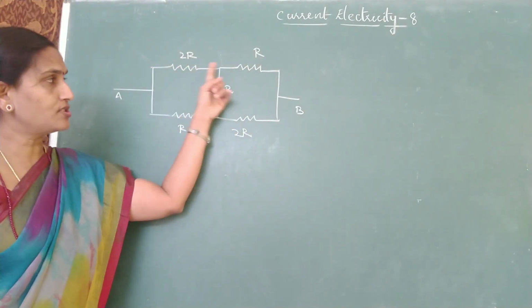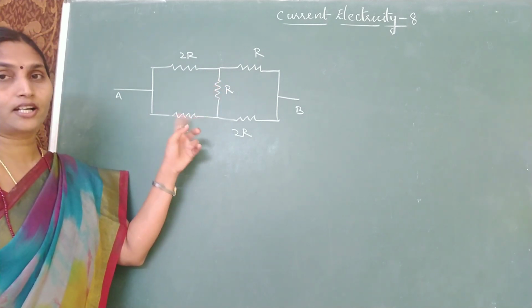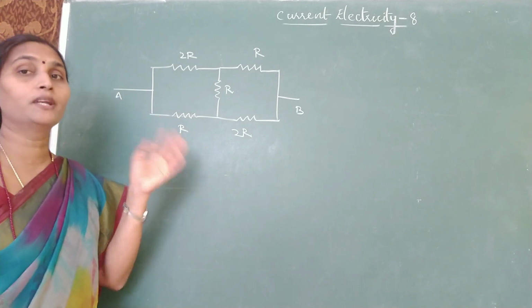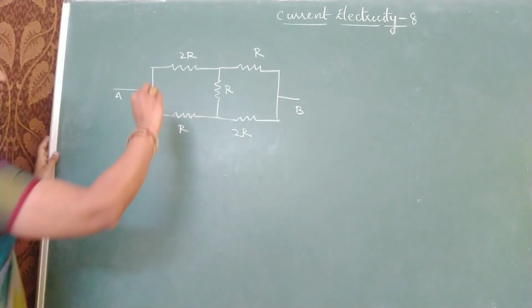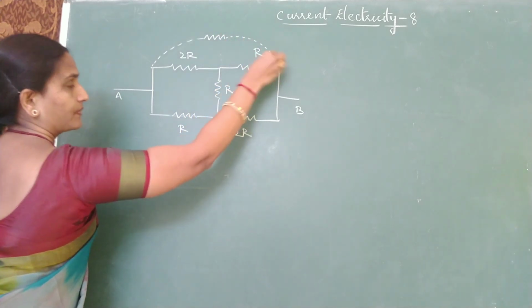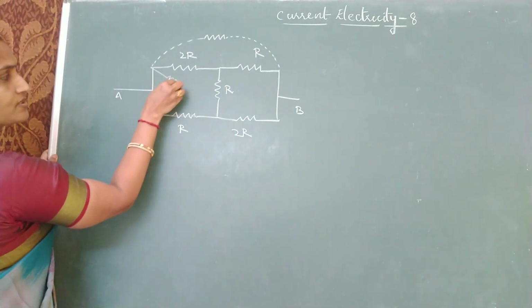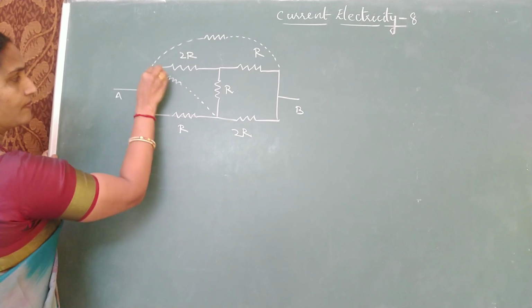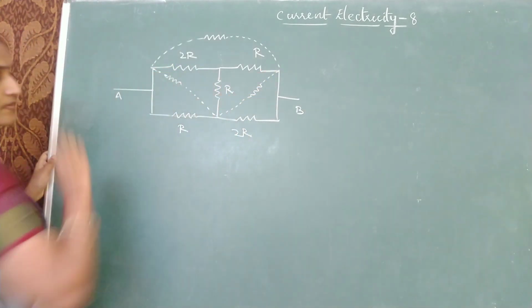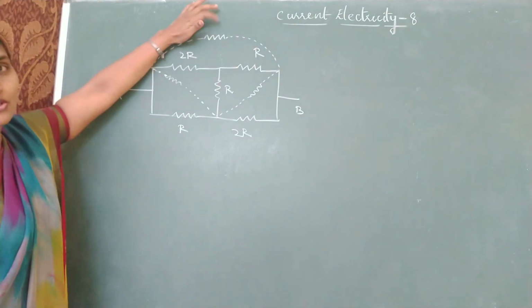Now this T shape or Y shape, I will convert it into a triangle. The same thing we have done even in capacitors, but the formulas will be reversed. I want a resistor between these two, I want to fill this with a resistor and this with one more resistor. How to get this resistance?